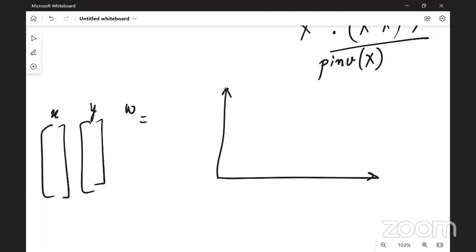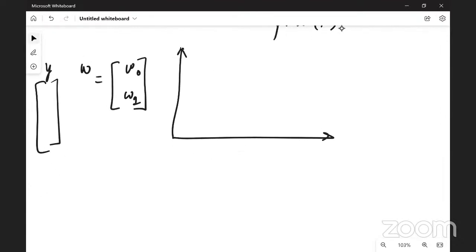Your w will definitely have two quantities, w0 and w1, after augmenting your dummy feature.